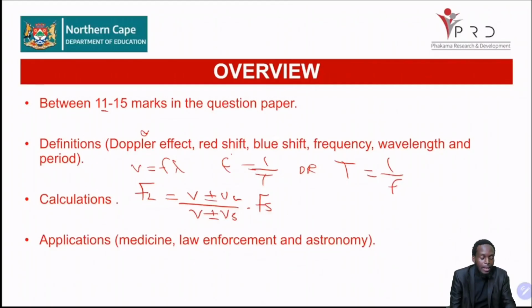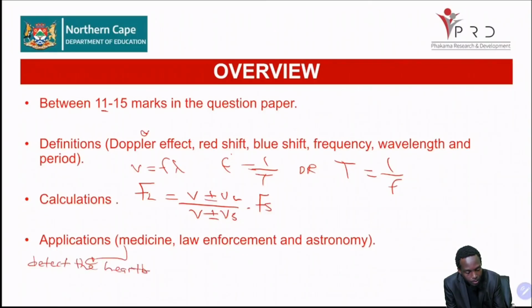And then another important section of this is obviously applications of Doppler effect, right? So Doppler effect is used in medicine, it's used in law enforcement, and it's also used in astronomy. We know that you can use Doppler effect to detect the heartbeat of an unborn baby.